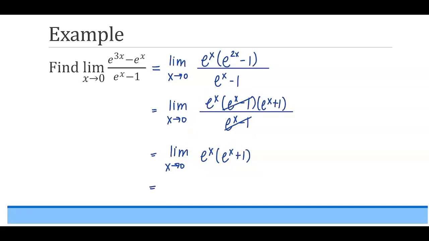Since I'm trying direct substitution, I'm not going to write limit anymore. I'm going to put e to the 0 times the quantity e to the 0 plus 1, which is just 1 times the quantity 1 plus 1. So 1 times 2 is 2. So I end up with the quantity 2 for my limit.